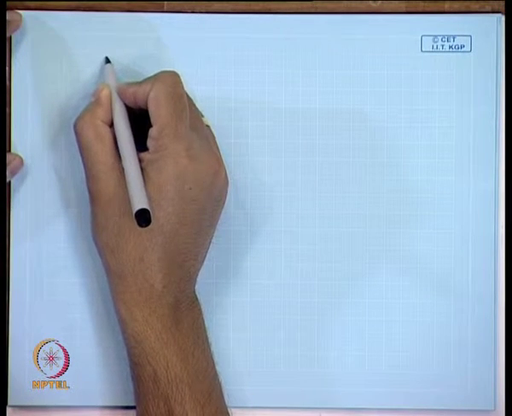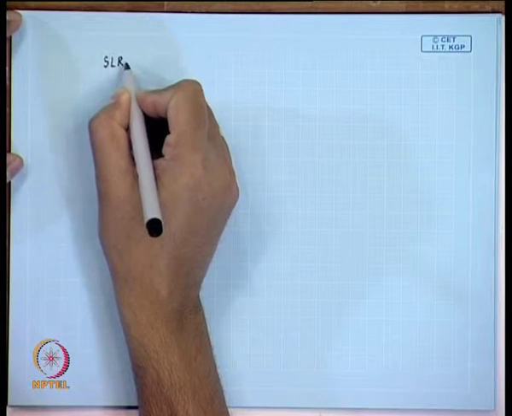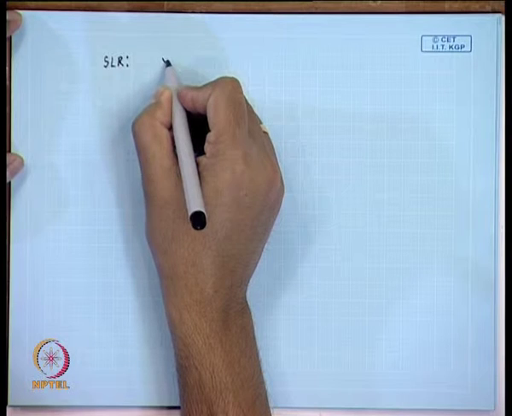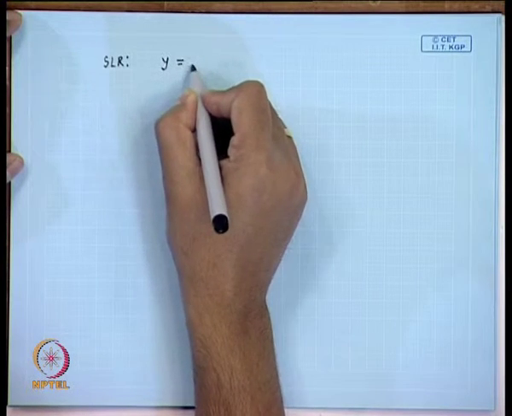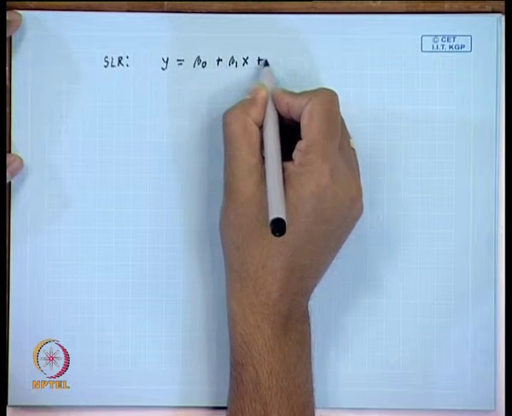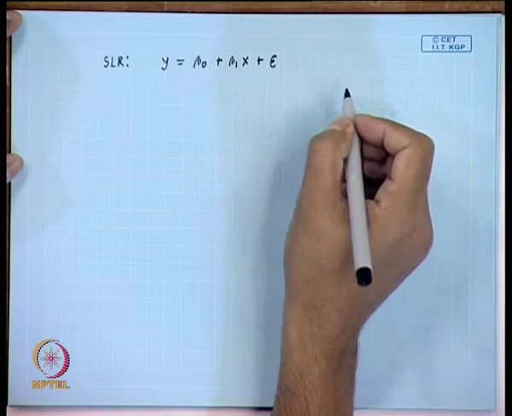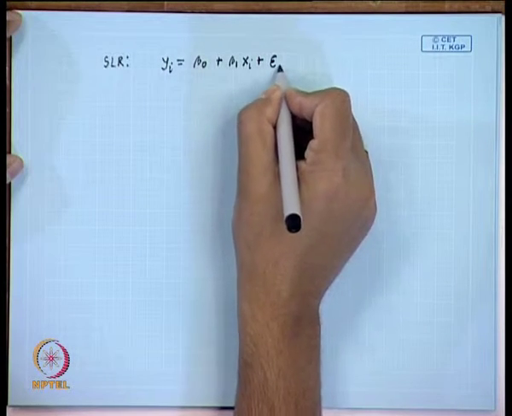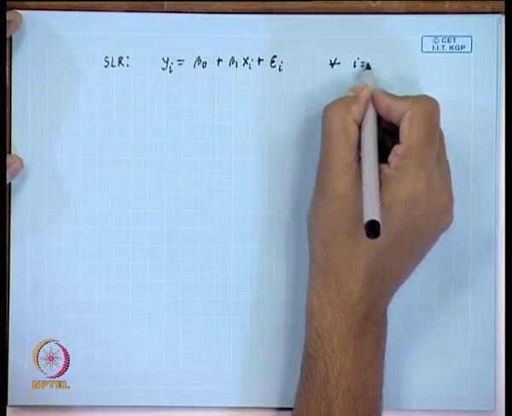And okay, let me just write the things formally. Recall the simple linear regression. The model here is y equal to beta naught plus beta 1 x plus epsilon, and for the ith observation just we put i here for i equal to 1 to n.